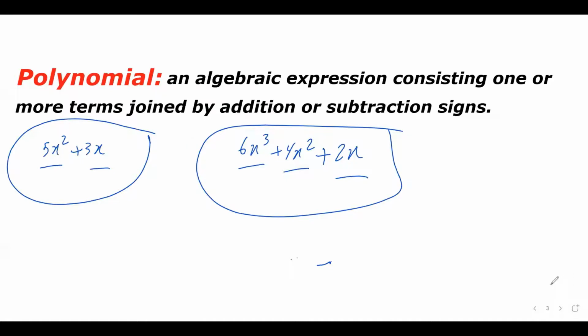So we can classify polynomials based on how many terms we have. For example, if a polynomial has only one term, we call that a monomial. For example, this one, 4x squared, is a term. We can call it a polynomial, but because it has one term, we can classify it as a monomial.